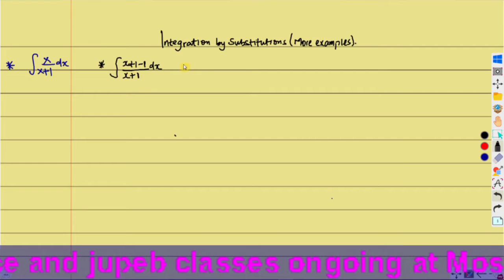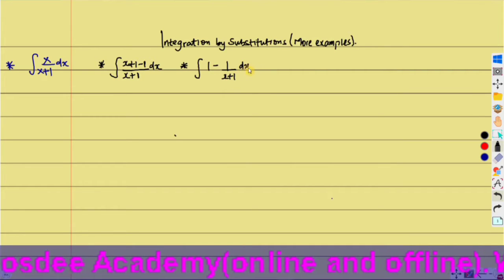I can even say this is also the same thing as, I hope students are following, the integral of x plus 1 divided by x plus 1, which is 1, written in normal fraction, minus 1 all over x plus 1. I hope students still get this. What have I done here?